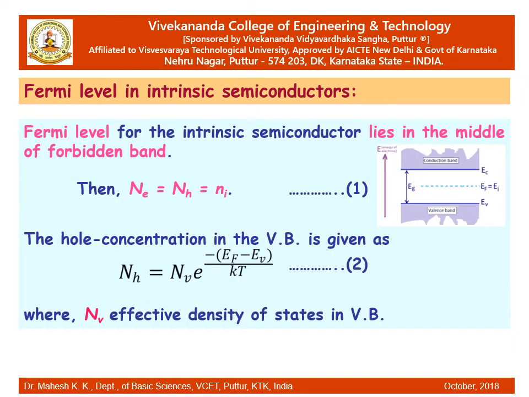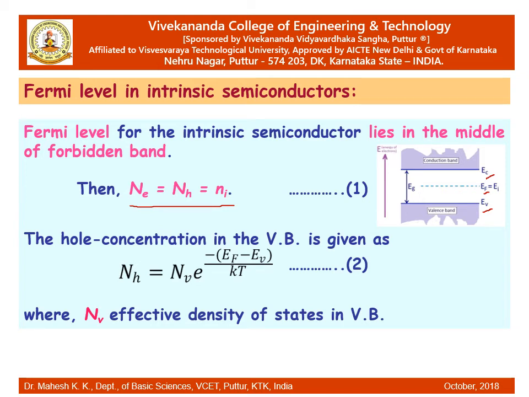Now let us see the relation between EF, EC and EV in the energy band diagram shown in the previous slide. I am showing it in a very small size. In the intrinsic semiconductor, the Fermi level lies in the middle of the forbidden band gap, that means Ne is equal to NH is equal to Ni, the number concentration of electrons equal to the number concentration of holes, and Ni represents the number concentration of intrinsic carriers.